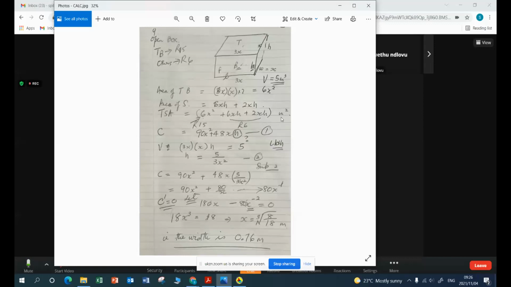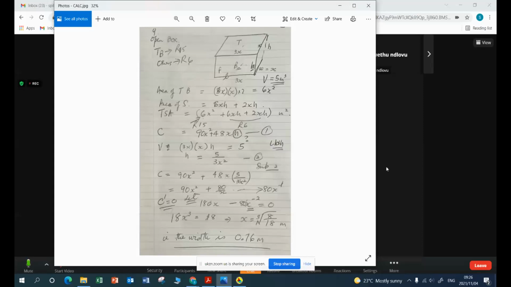Now, let's find the cost. The cost of the top and bottom is 15 Rand per square meter. So multiply that by 6x squared, 15 times 6 is 90x squared. The other sides are 6 Rand per square meter. 6 plus 2 is 8, times 6 is 48.